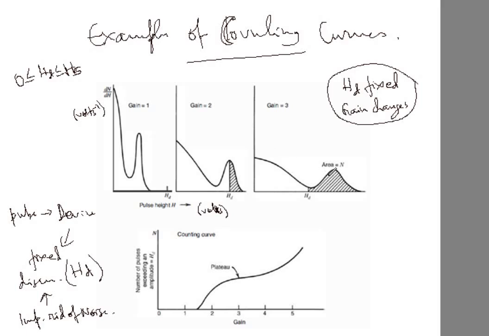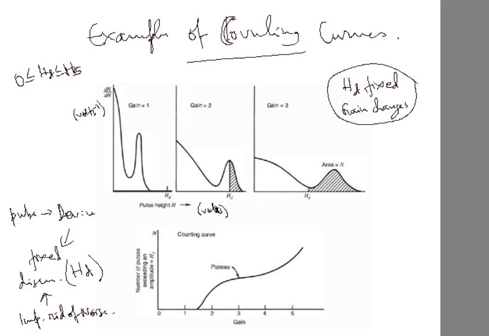Now you see the highest voltage gain will result in the largest maximum pulse height. Why? As you increase the gain, you are basically stretching the spectrum, and as a result more and more of the spectrum goes above your discriminator level, so you will be able to register and see more and more of it.